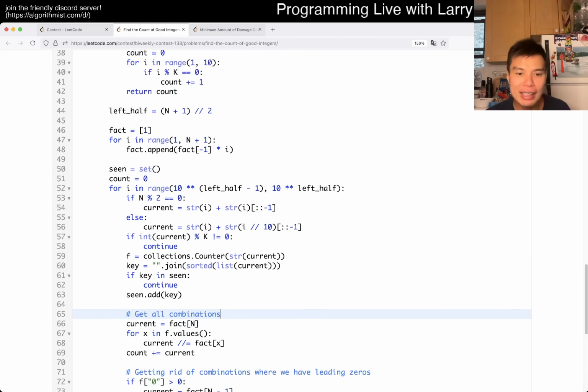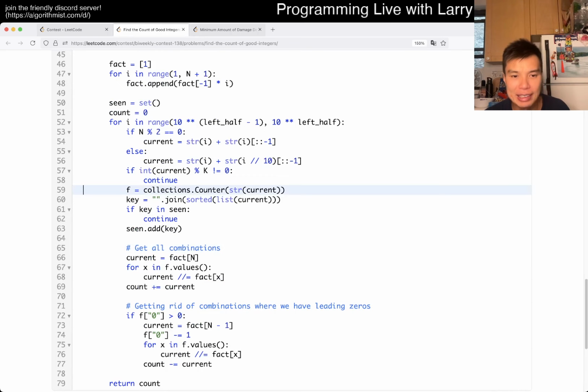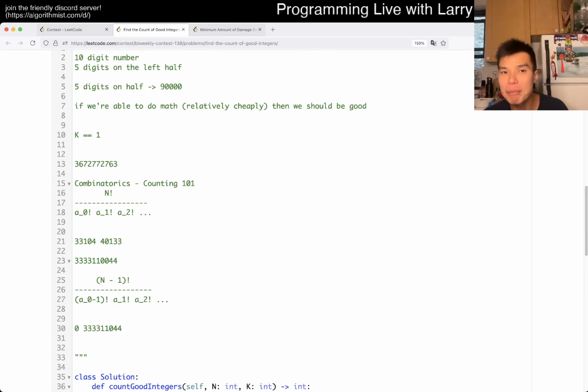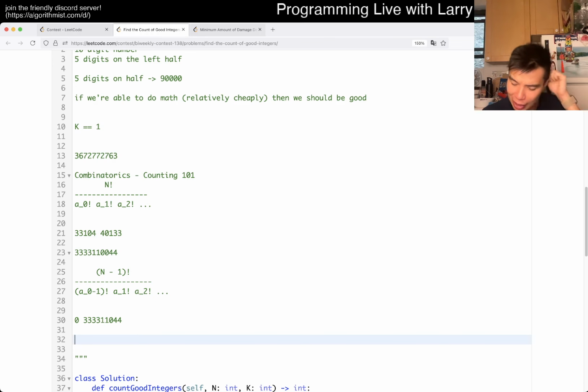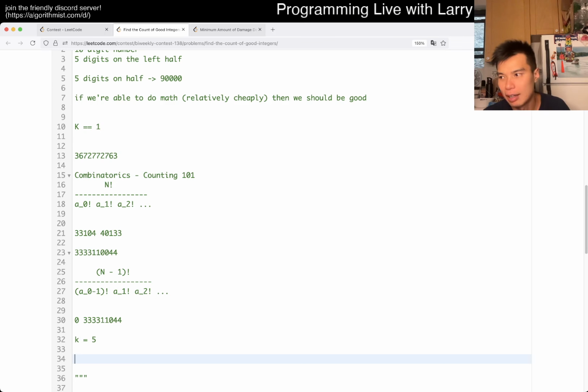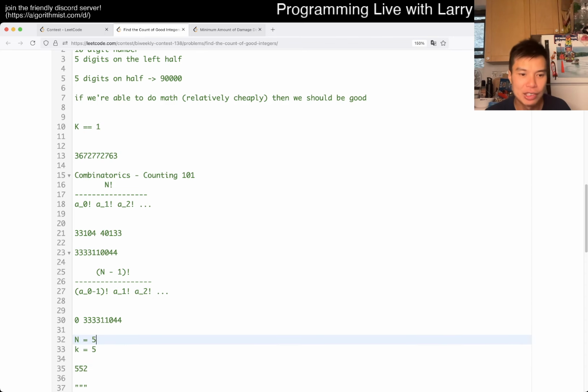So the thing that is tricky and why we need this though is because, well, what if a number has multiple ways of being able to mod it, right? So maybe you have something like, I don't know, let's say k is equal to 5 and n is equal to 5, so you have 5 digits.